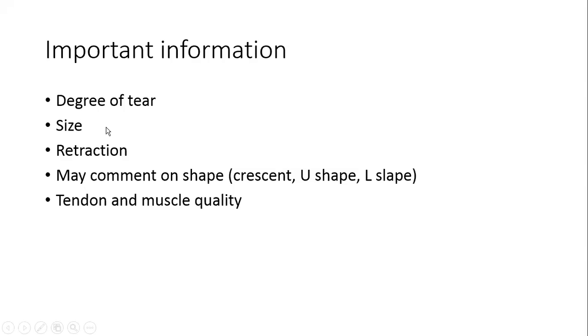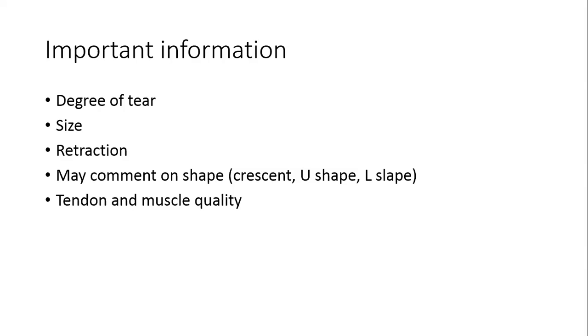Now, there are different classifications that you can use, but with ultrasound, the one that defines the tear better is the Southern California Institute classification, which we use, which is defined by the location, which means you're defining is it articular sided or bursal sided, intrasubstance.